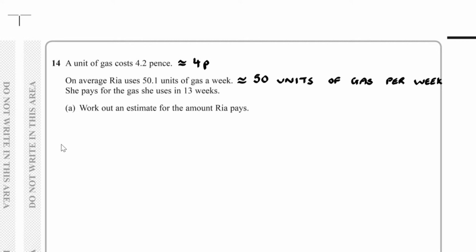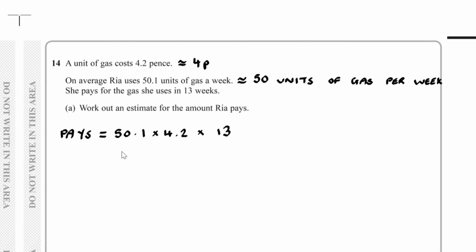So therefore, approximation for the amount she pays, well, what we would have is 50.1 times 4.2, and this is per week, and then I'm going to times this by 13.